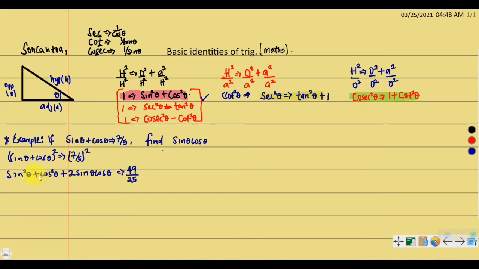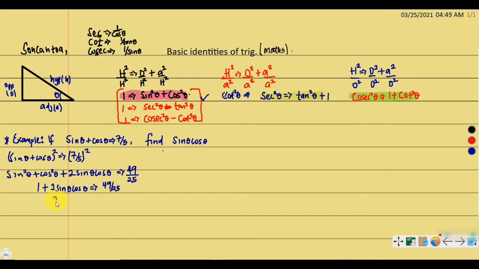And remember that sine square theta plus cos square theta, from what I said, is 1. So you have 1 plus 2 sine theta cos theta is equal to 49 over 25. I hope students are getting this.